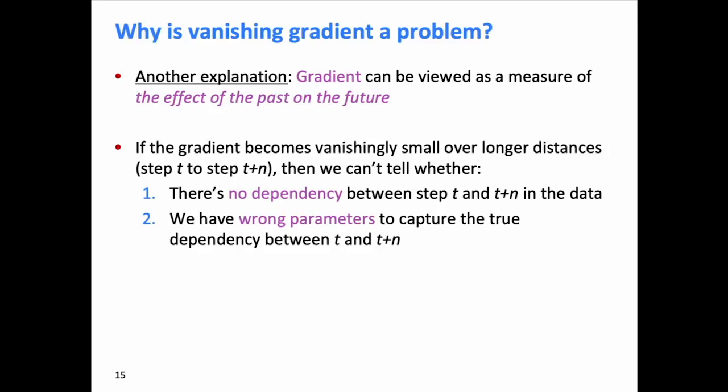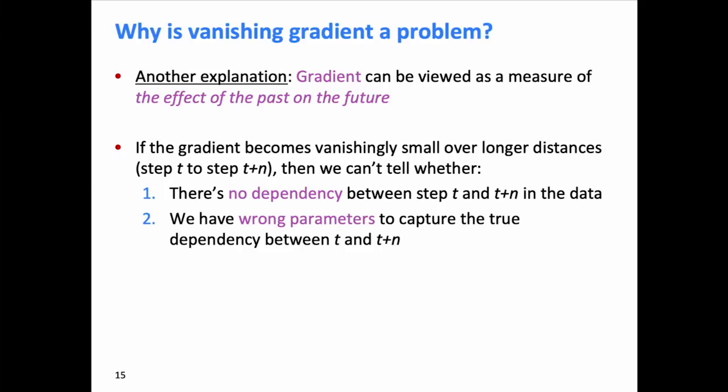The first situation is maybe there's no dependency between step t and step t plus n in the data. Perhaps we're learning on a task where there truly is no connection or relationship to be learnt between what happens on step t and step t plus n. So there truly is nothing to be learnt, and it's correct that there should be small gradients with respect to those two things.